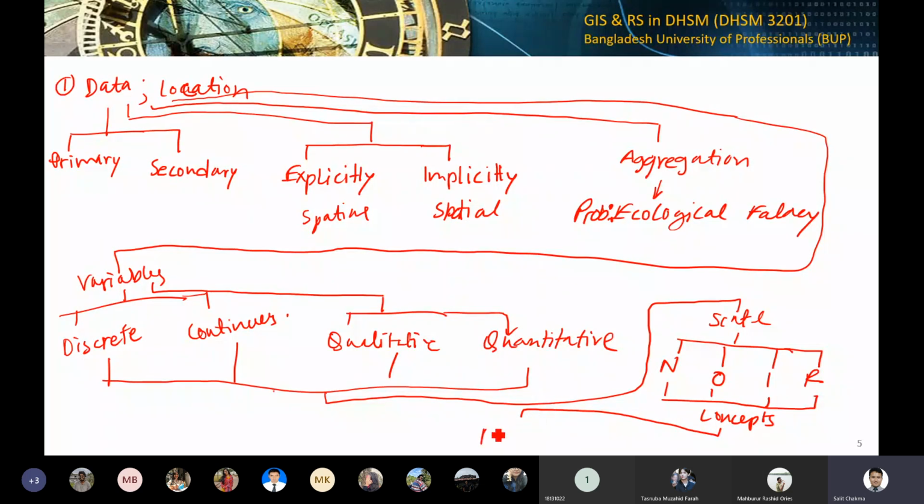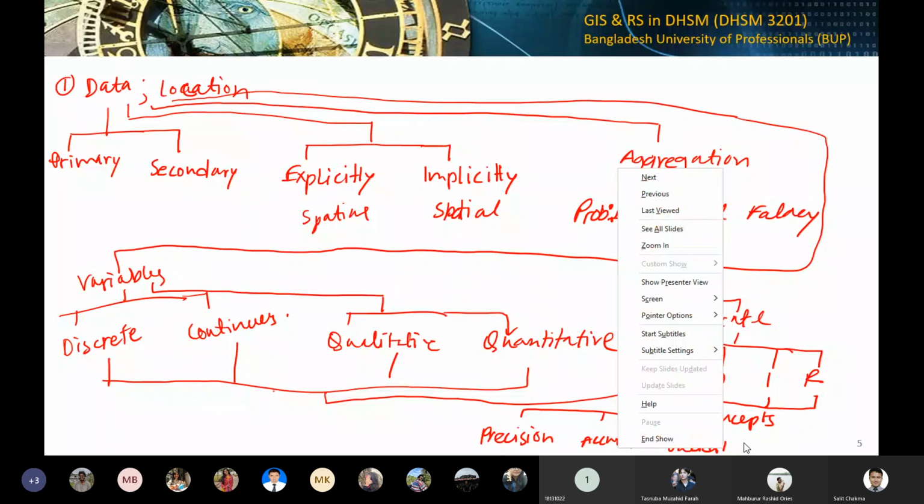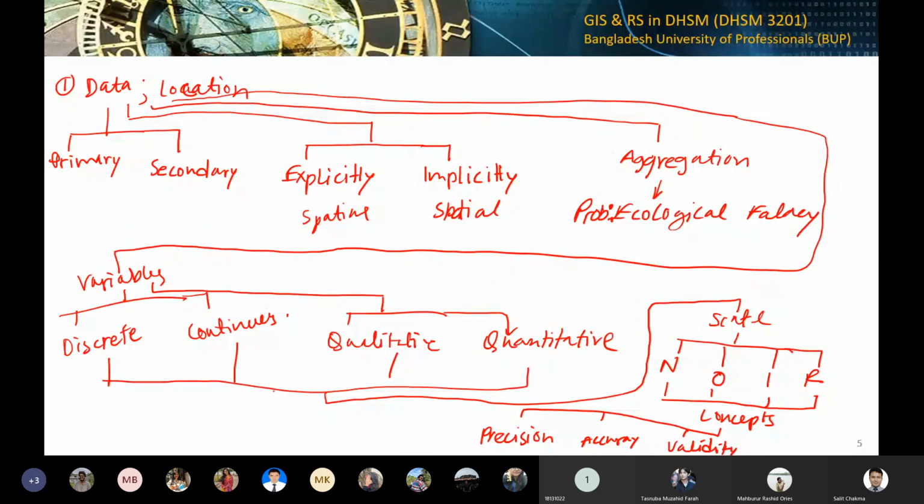So it's the precision, accuracy, validity, and finally reliability. L-I-A-B-I-L-I-T-Y, reliability. Okay, so does anyone have any questions so far? So this is our map of today.